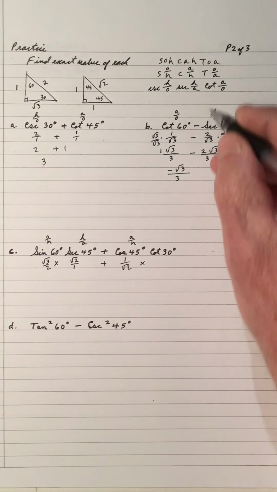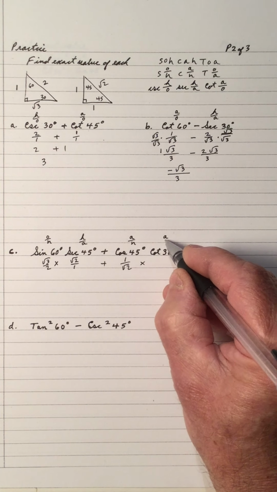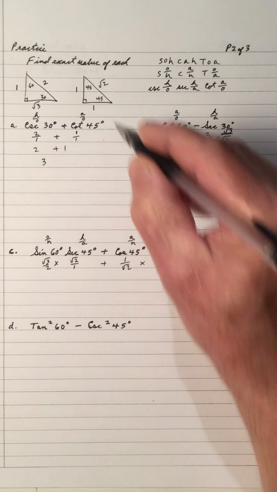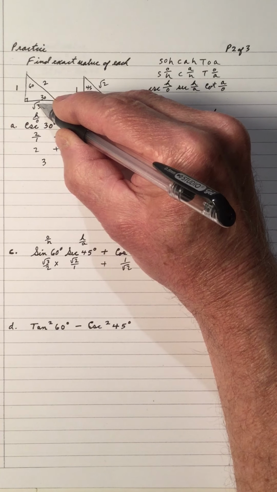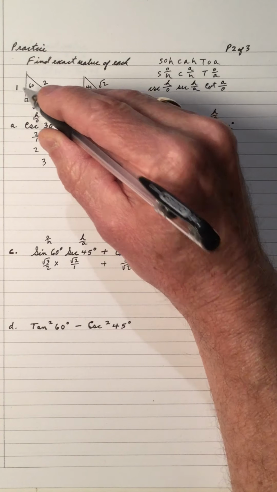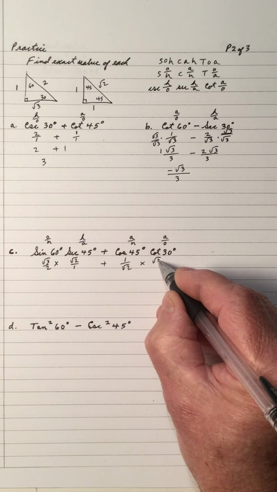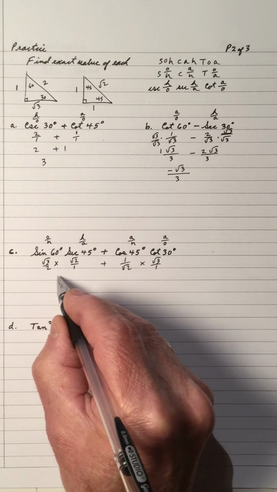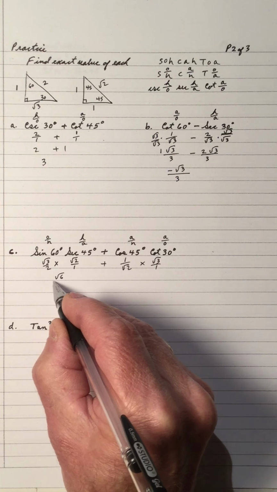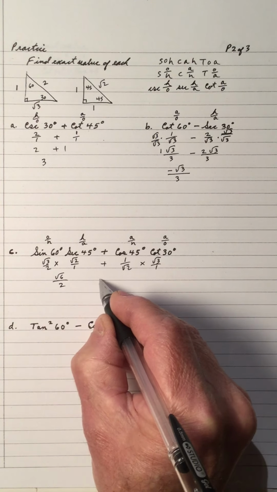Times cot 30. Cot is adjacent over opposite. 30-degree angle here, adjacent is root 3 over opposite, which is 1. And let's multiply. Root 3 times root 2 is root 6 over 2.